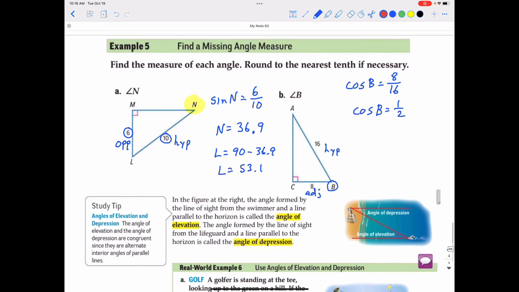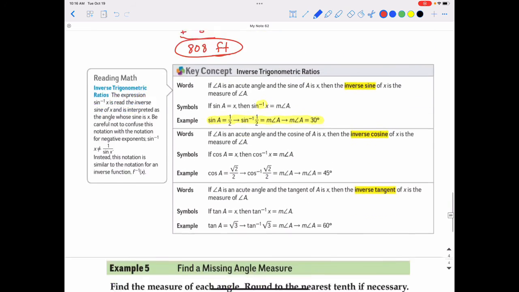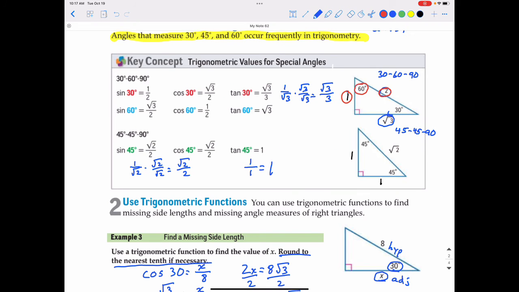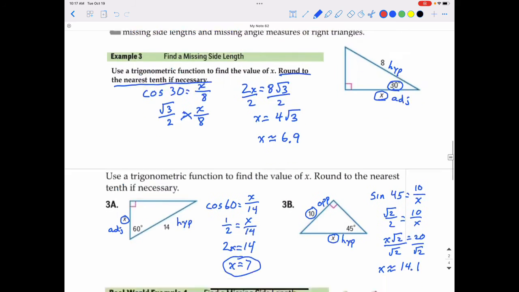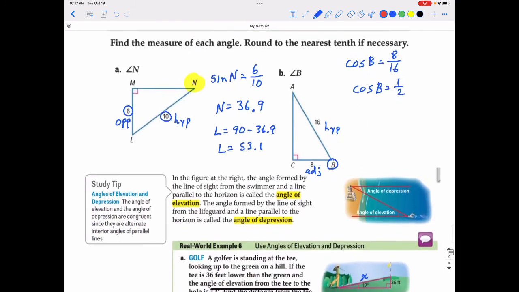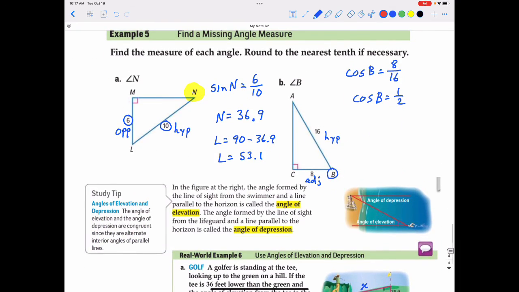And going up to our special triangles, the 60-degree angle right there has an adjacent side of 1 and a hypotenuse of 2. So that means that B must be a 60-degree angle.